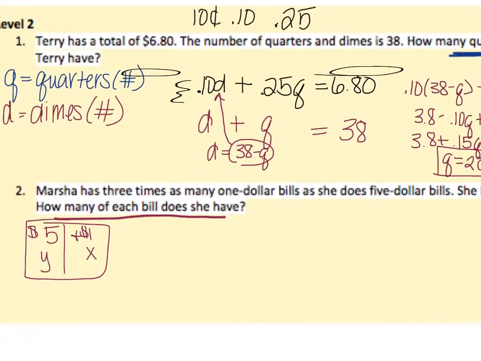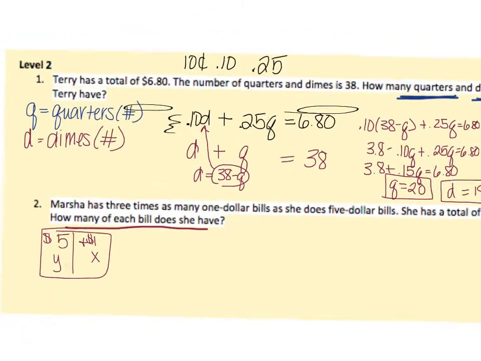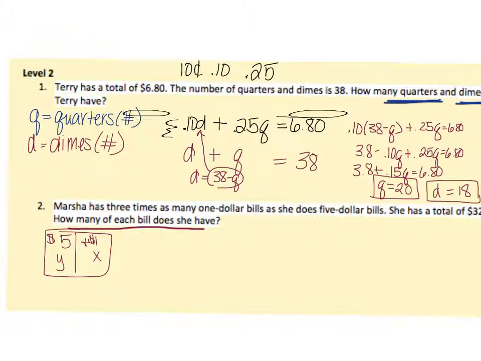Now, the information that we have is that she has 3 times as many $1 bills as she does $5 bills. These phrases can be really tricky to put into an equation. You kind of have to think backwards. The type of bill that she has the most of is $1 bills. She's got 3 times as many as $5 bills.